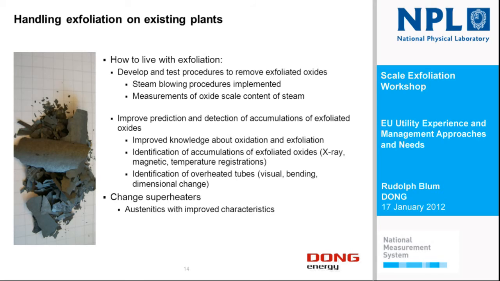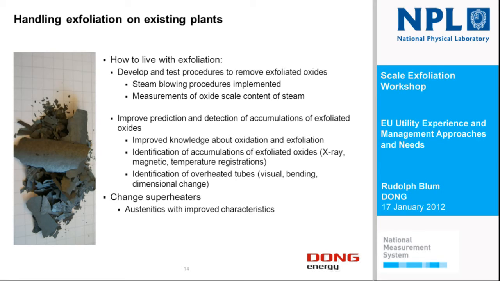And secondly, of course, we can improve our additional tools, so we can be better off if some blockage should happen and we have to analyze the individual tubes. We don't hope we come to this situation. And thirdly, we should go for improved material.